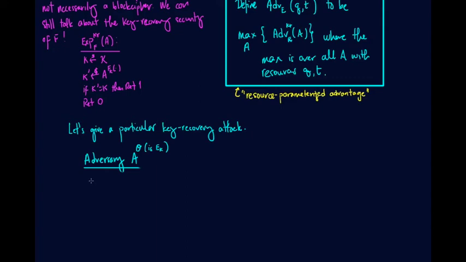So let's do this. Let's have it start by asking 0 to the n to O and receive y in return.